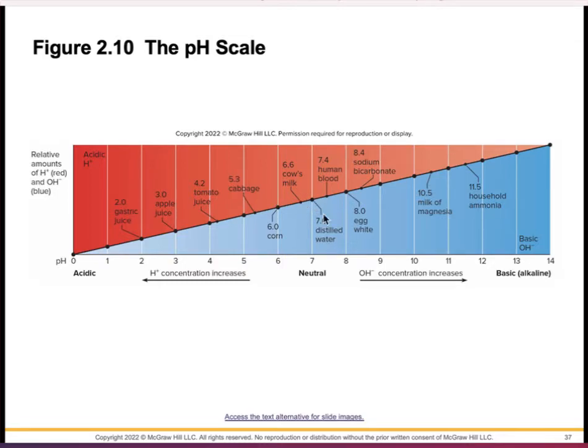Distilled water, once again, is our neutral, 7. Human blood is slightly basic, okay? It is 7.4. Egg whites are 8. Sodium bicarbonate is 8.4. Milk of magnesia is 10.5. And the most basic on this scale is 11.5, household ammonia, what people use to clean.